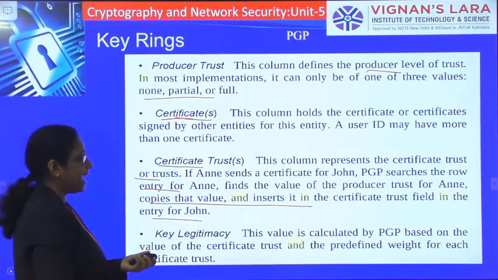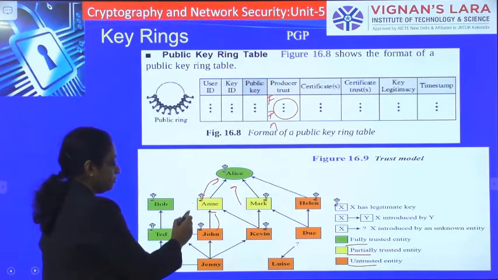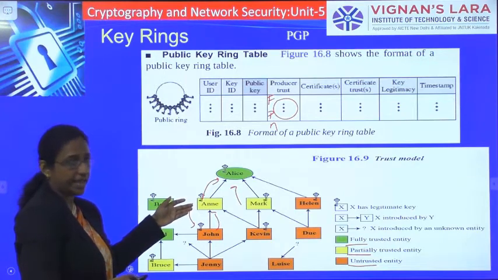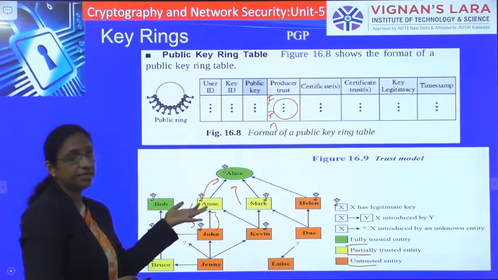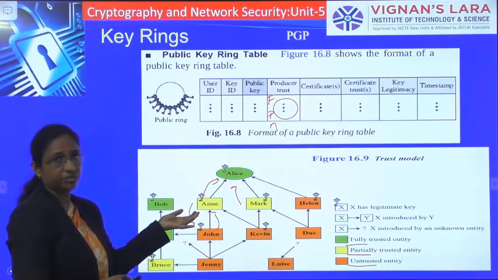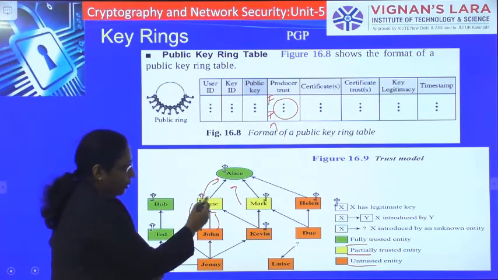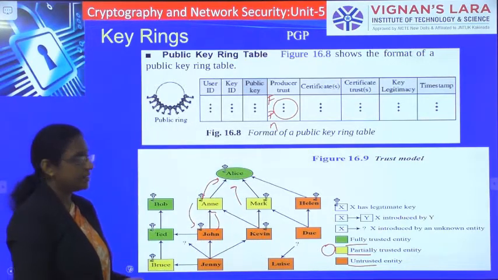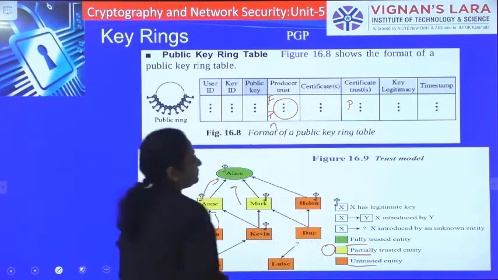Suppose Annie has signed the John certificate. How trustful is Annie? Since Annie is partially trusted, here we will be writing T.